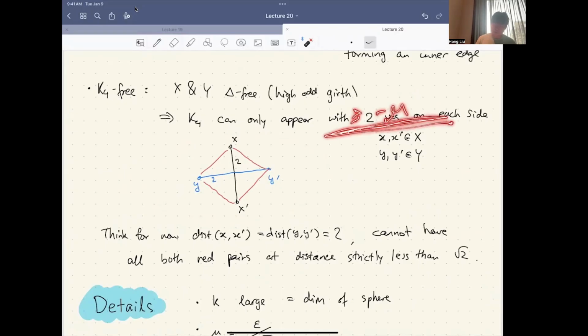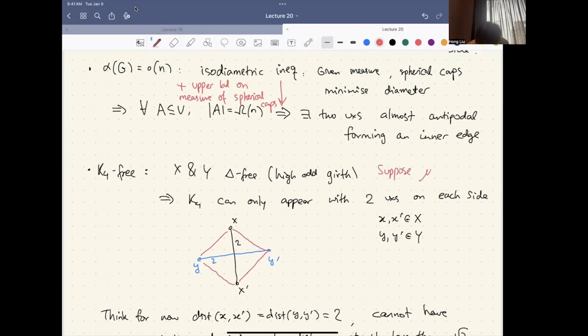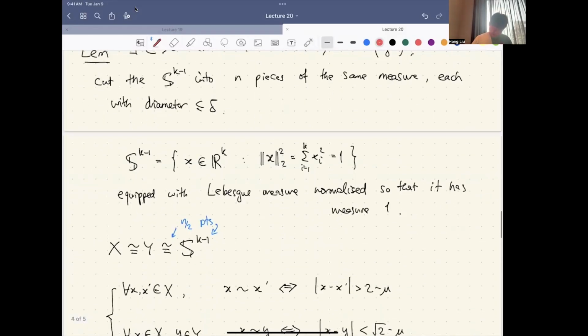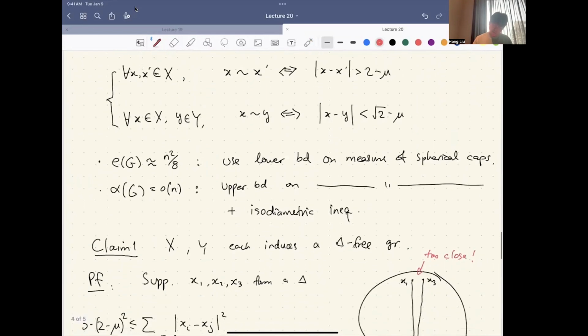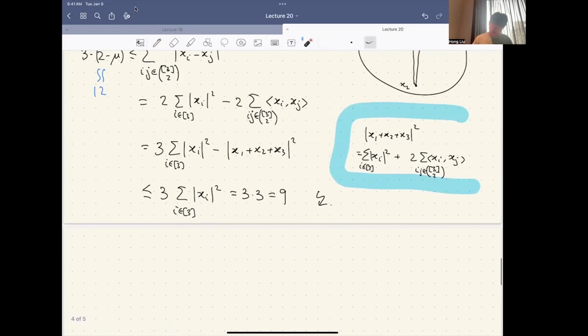Okay, suppose mu equal to 0 for a moment, for now. We show that for any mu, that kind of thing is impossible.